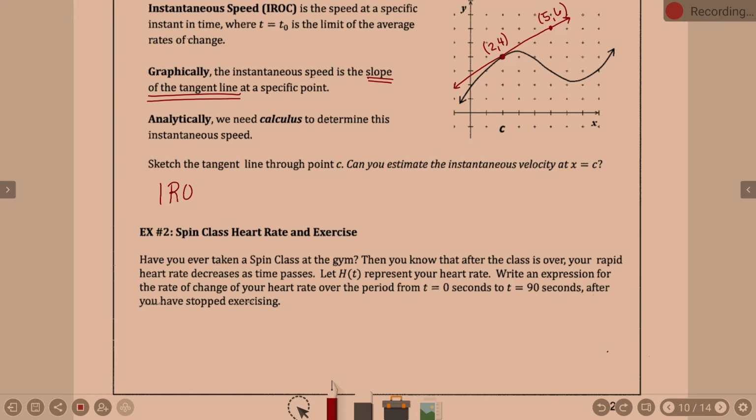This is IROC. This is the slope of the tangent line, right? And whether you use rise over run or y minus y over x minus x, either way, we should be getting... I didn't write rise over run on the last one, so I'm going to write rise over run just to have it. 2/3.